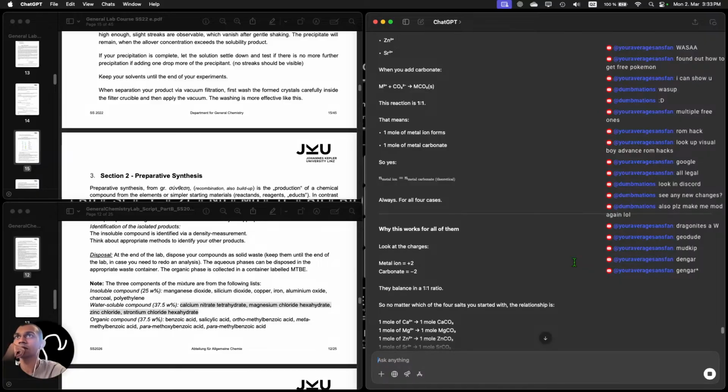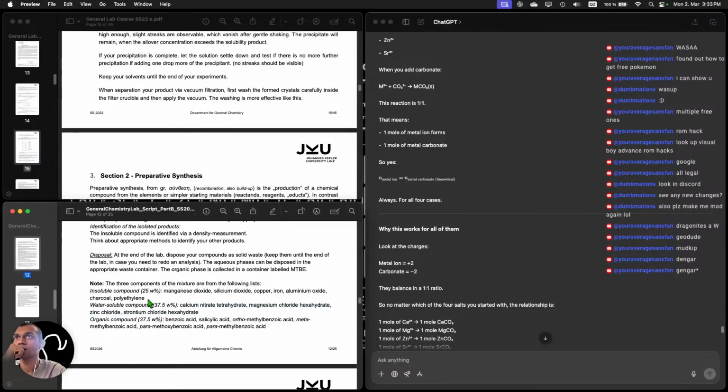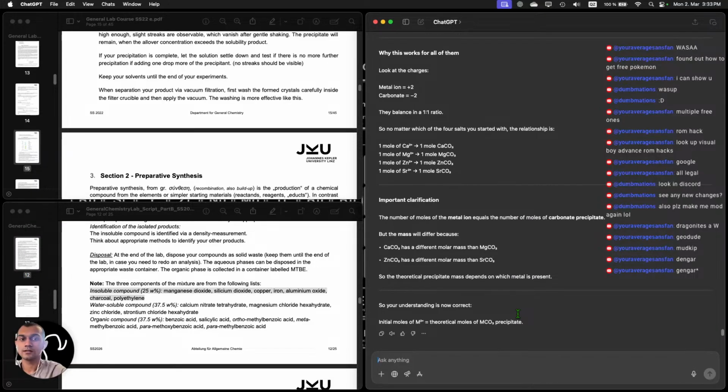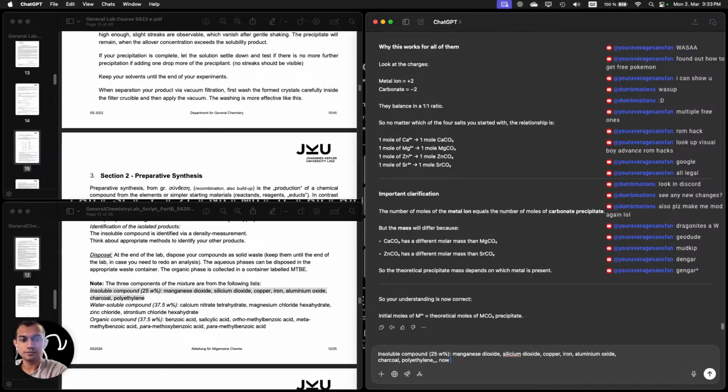Now in the case of insoluble compound, is there any sort of formation or change, or is it gonna precipitate just like this?